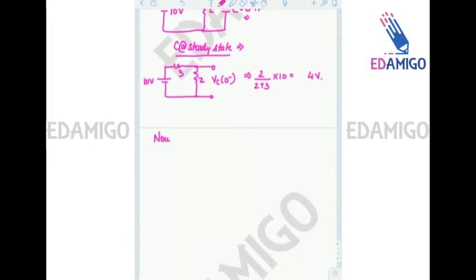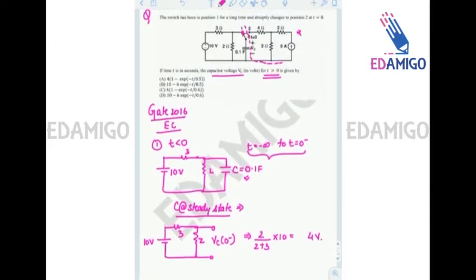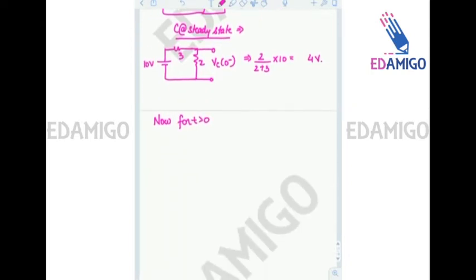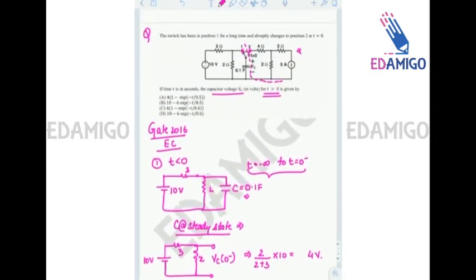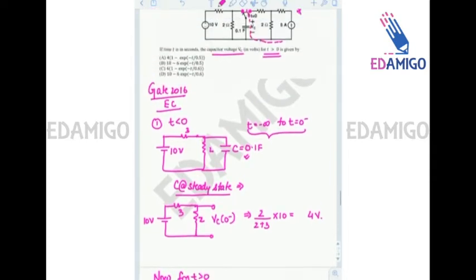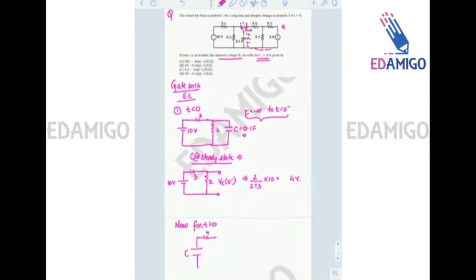Now for t greater than 0. Since for t greater than 0 the switch is connected at location 2, the circuit will be capacitance C, resistance 4 ohms, there is again a resistance 2 ohms, and 5 ampere current.